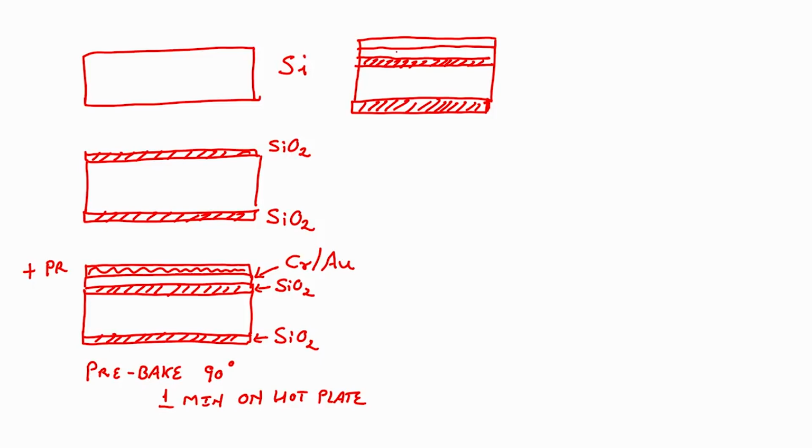So, we have this chrome gold, we have photoresist, and then we placed or loaded the mask on the wafer. The mask was similar to what I am drawing, almost similar.